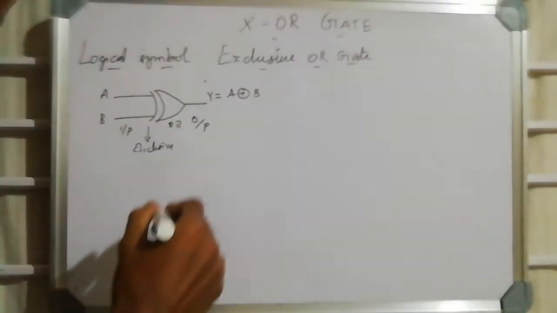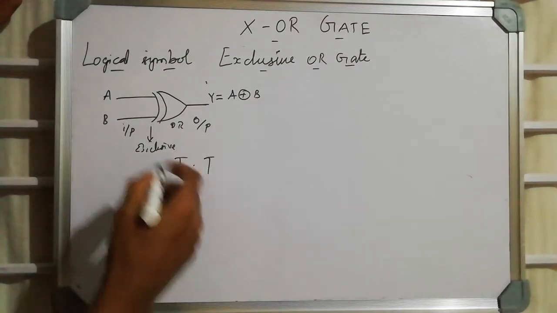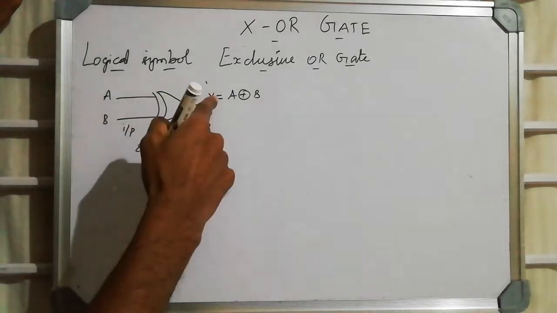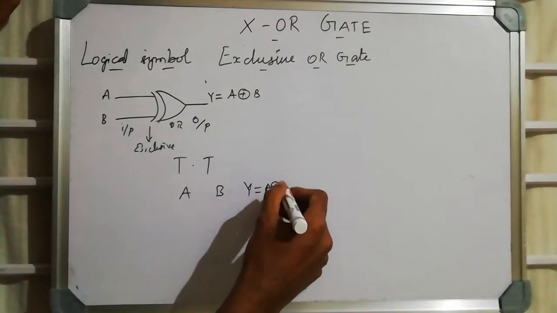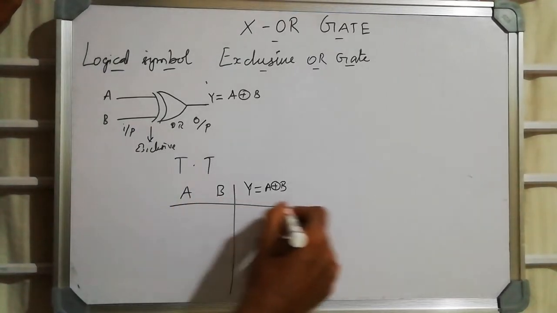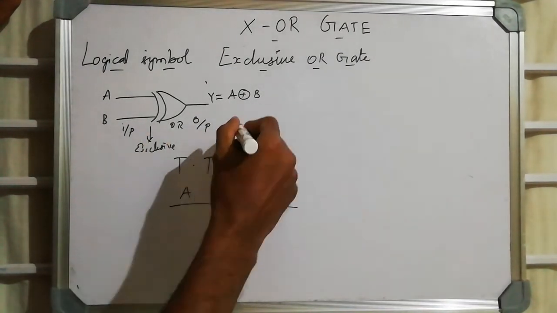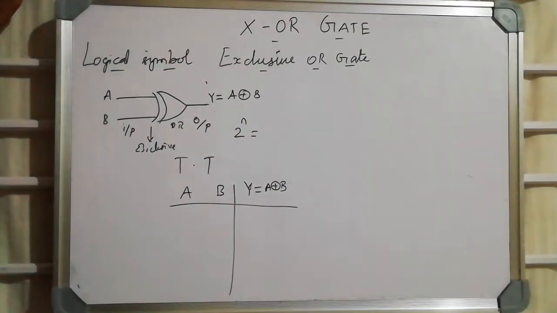Now we will come to the truth table. For the truth table we have two inputs, A and B, and only one output, Y is equal to A XOR B. Before writing the truth table we have to consider one thing, that is 2 to the power of n. Why?